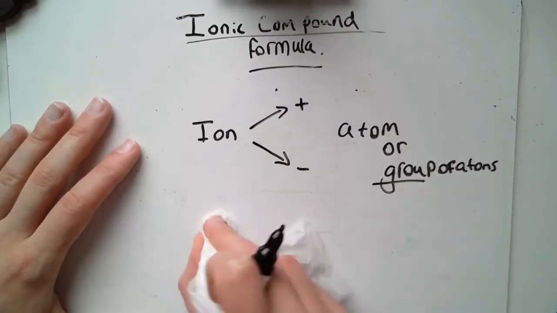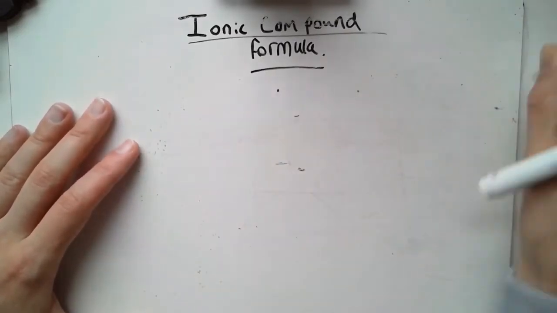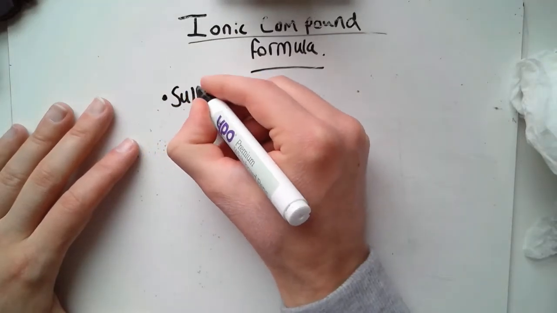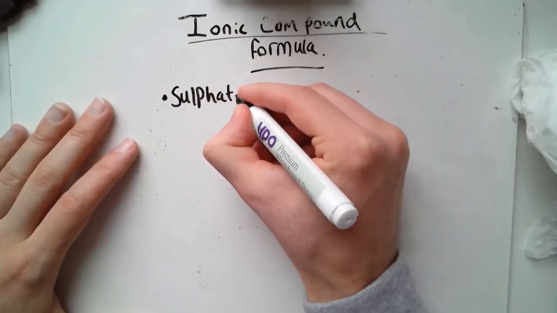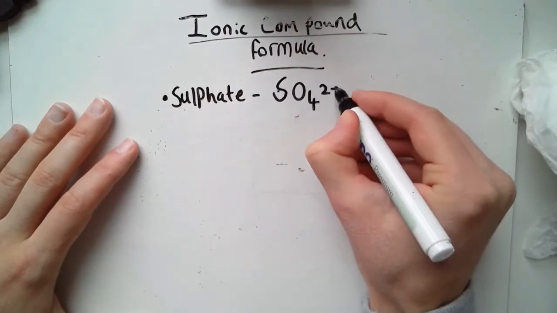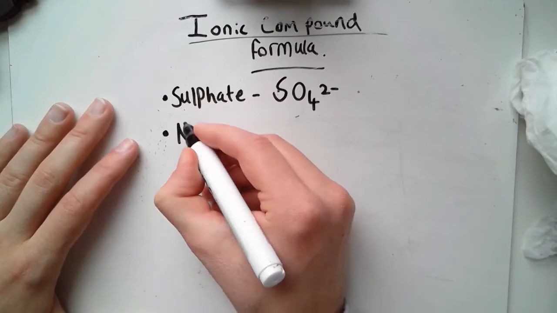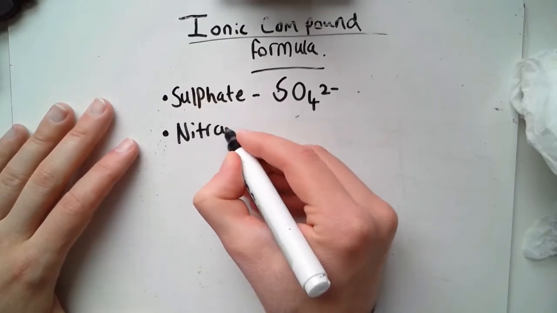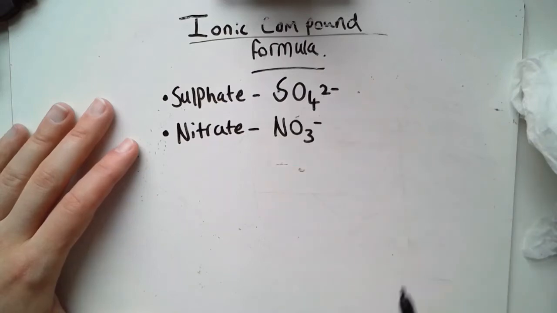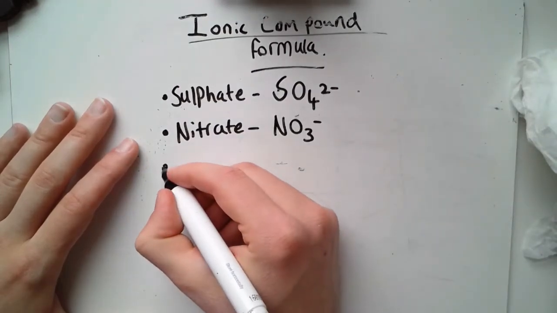So the first polyatomic ion is called a sulfate ion, not sulfide, sulfate. It's got the formula SO4 2-. A nitrate ion is polyatomic. It's made of more than one atom. It's NO3-.